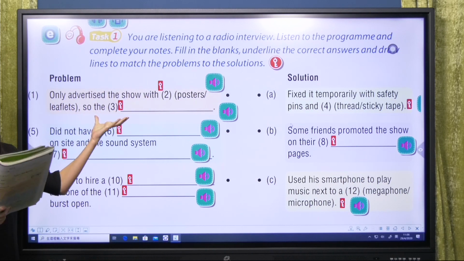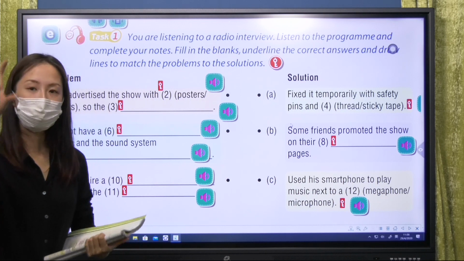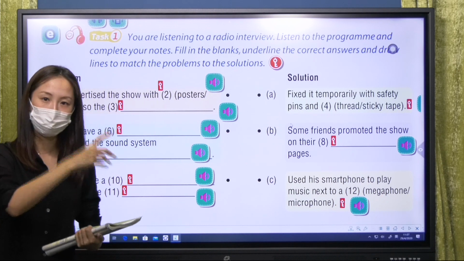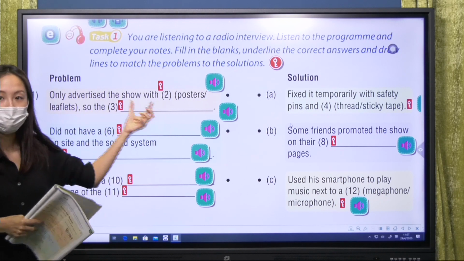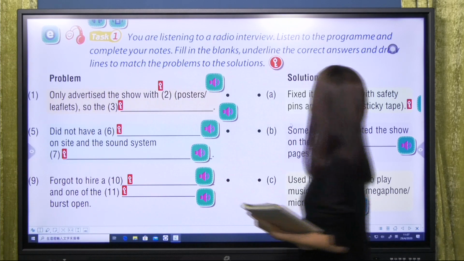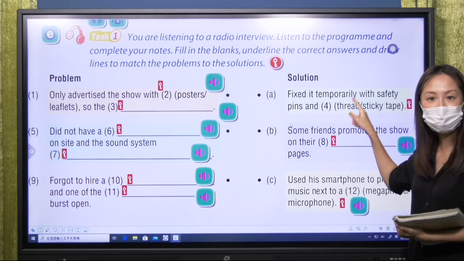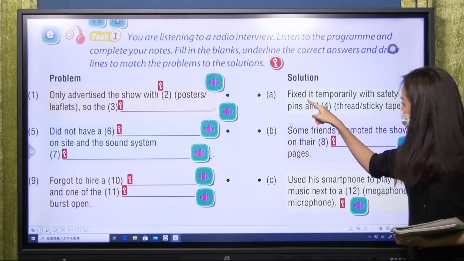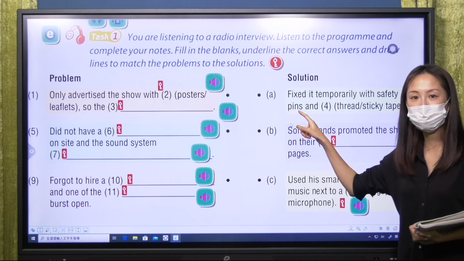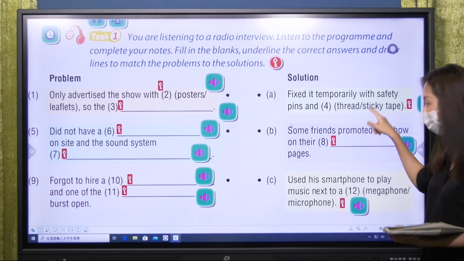If you advertise with something and the consequence might not be good, that is the problem, right? So what might the consequence be? Okay? Fix it temporarily. 暫時的. Okay? 暫時解決. Fixed with safety pins and thread or sticky tape.